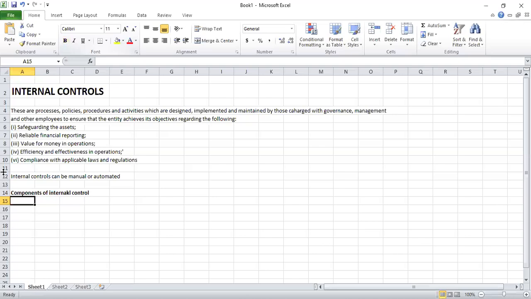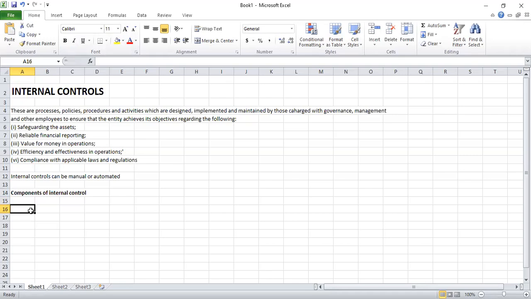So your understanding of the internal controls would be targeted towards addressing the risks that you have identified. So you should obtain an understanding so that you can limit the risks, so your focus will be on the controls that will ensure that the risks that you identified can be addressed.